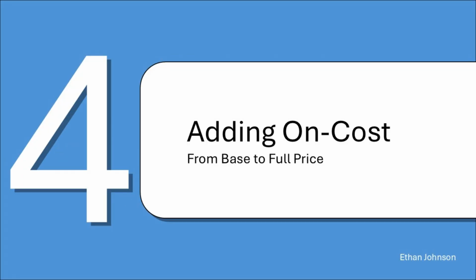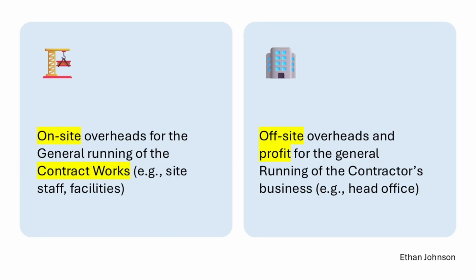So, once we have our base value from that 3-level hierarchy, we are not done yet. Now, we have to add the contractor's overheads and profit. The standard bundles these up and calls them on costs. The standard breaks these costs down into 2 key buckets. First, according to clause 9.3.10, you add a percentage for preliminary and general, or P&G for short.